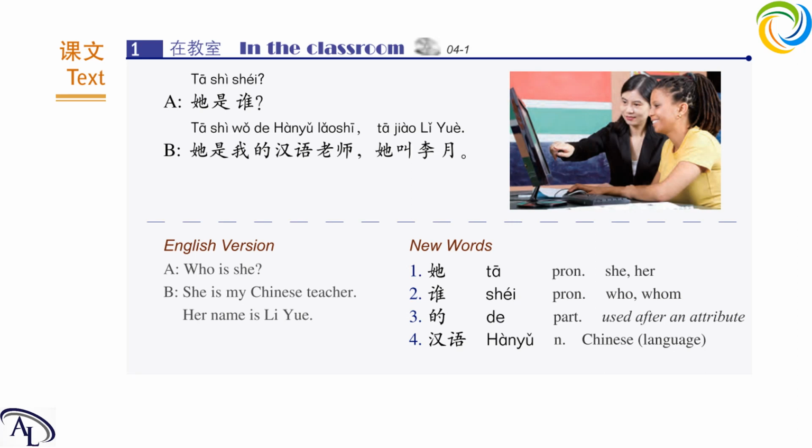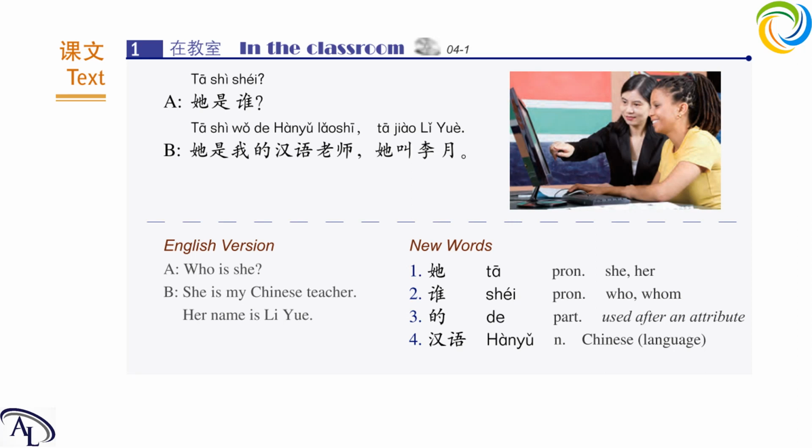So teacher's student. Student is 学生, right? 学生, student. So teacher's student is 李老师的学生 in Chinese. 李老师 means teacher Li, and student 学生. So 李老师的学生. The 的 here is this 's.